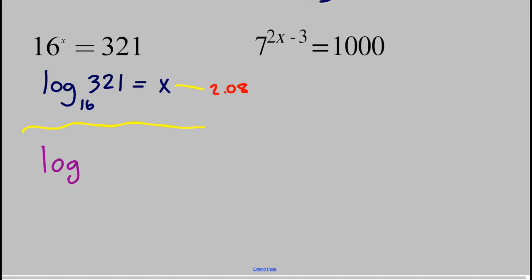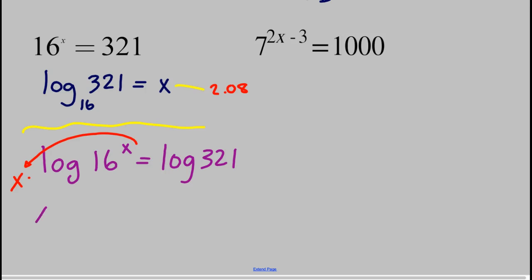Let's say we have log of 16 to the x equals log of 321. Okay? And so once you take the log of both sides, now you have the ability to use the power property and pull that x down in front and rewrite it as x times the log of 16.